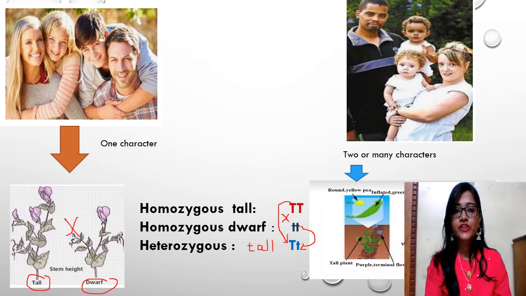This homozygous tall plant, capital T, forms a haploid gamete. From a diploid cell we get a haploid capital T, coming from the homozygous tall plant. The dwarf plant contributes a small t type of gamete.